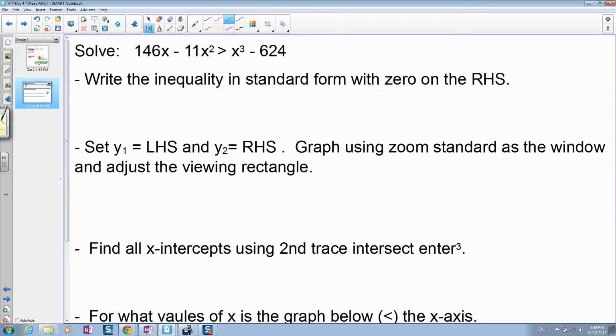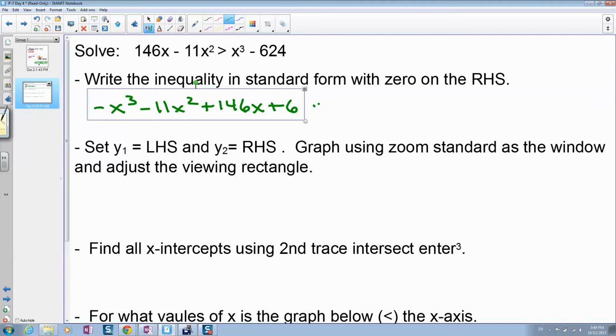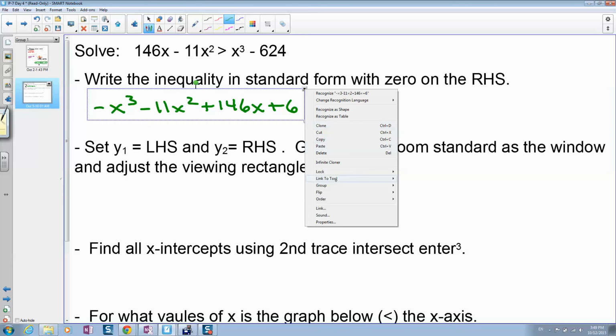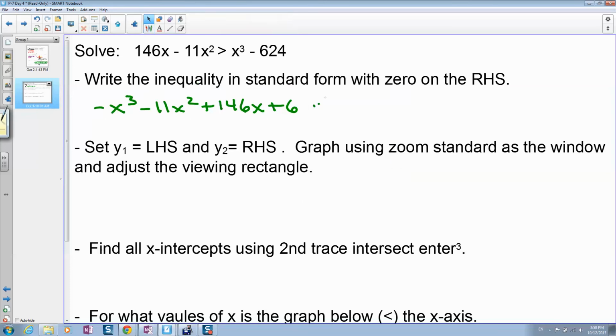All right, next question. Now it's not a quadratic, it's a third degree. So we move everything over and have -x to the third minus 11x squared plus 146x plus 624 is greater than 0.